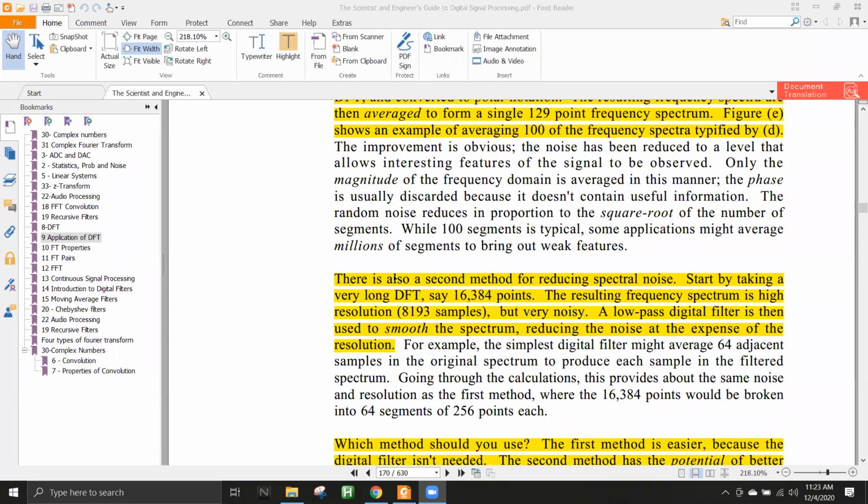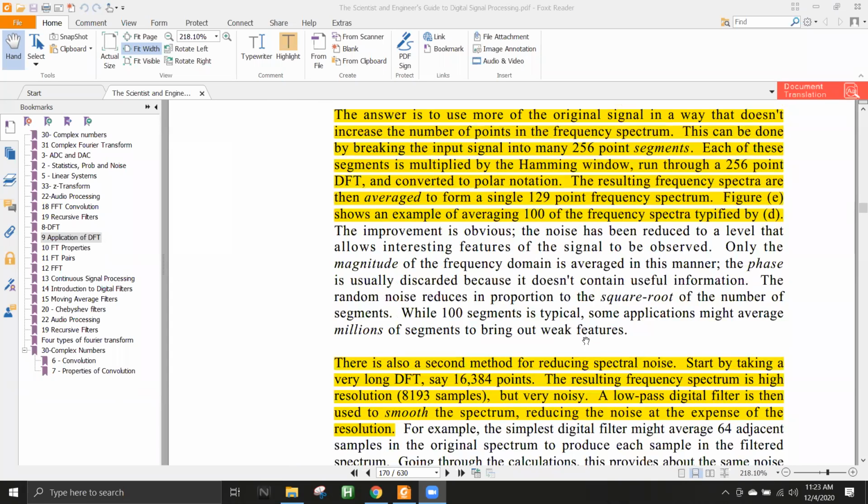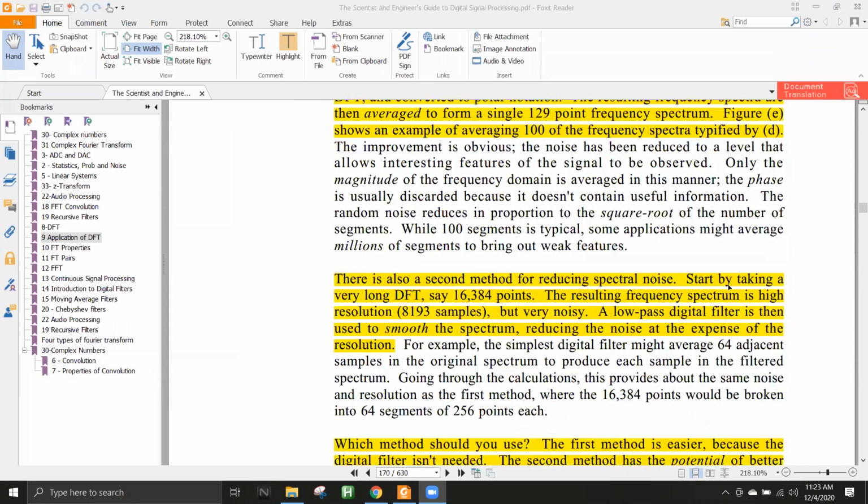Other than this, there is also a second method for reducing spectral noise. Here what we did is we just reduced the spectral noise. Now the second method would be taking a very long DFT of a 256 point signal. How would you take it? You just pad it with a lot of zeros and perform a long DFT where the value of N is large.